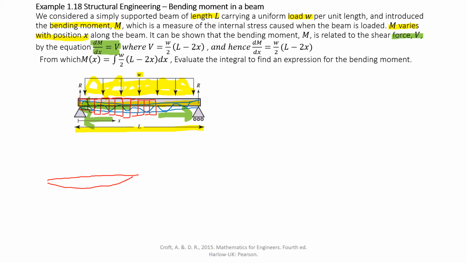The change in the moment, the rate of change of the moment force, we call it shear force. And shear force is this thing. The structural engineer has modeled the shear force, this thing. Okay, now the rate of change in the shear force V is actually this.